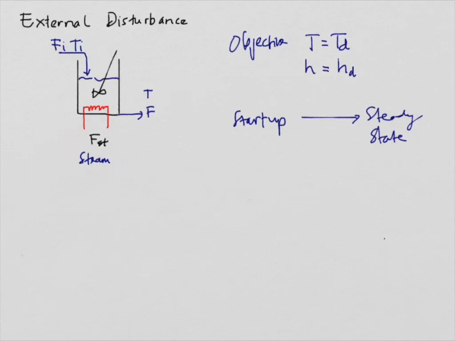So we cannot control Fi and Ti exactly. So we need to control the system to maintain the temperature of the output liquid at the desired value that we set in Tt, and the level of liquid at the desired value which we set at Hg.